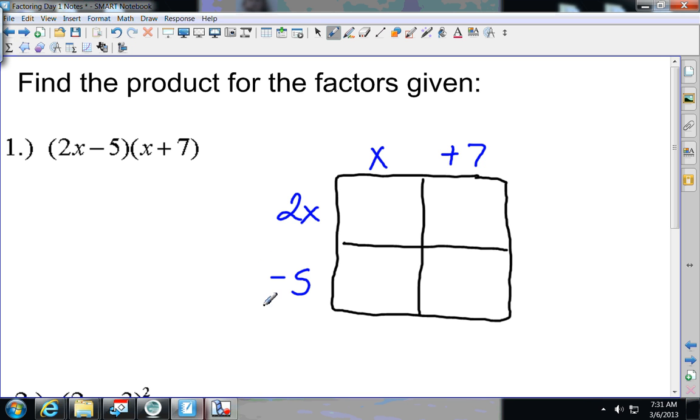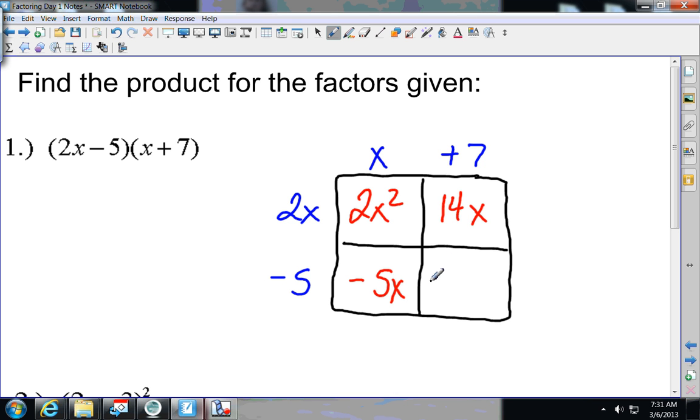Okay? So in this box right here, I take 2x times 1x, and I should get 2x squared. Remember, x times x is x squared. 2x times 7, 14x. Right here, negative 5 times x, negative 5x.